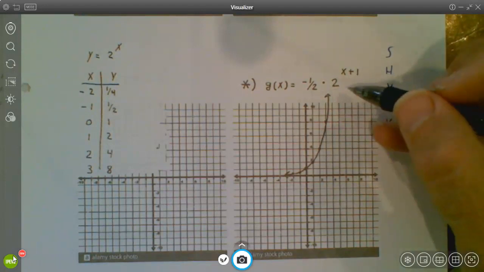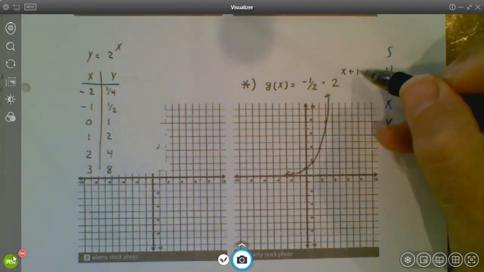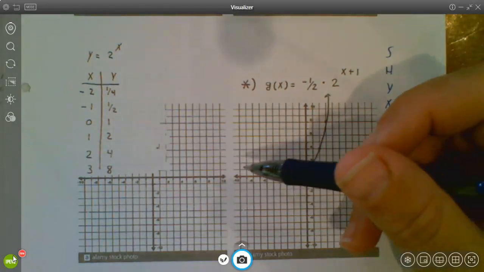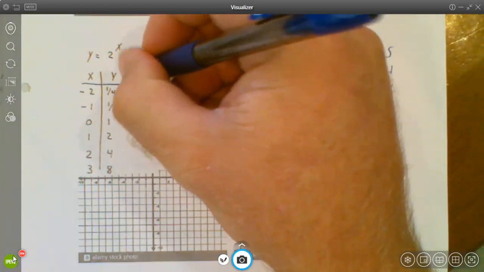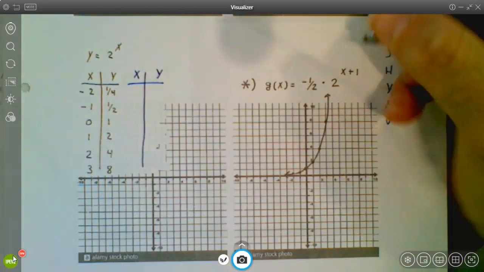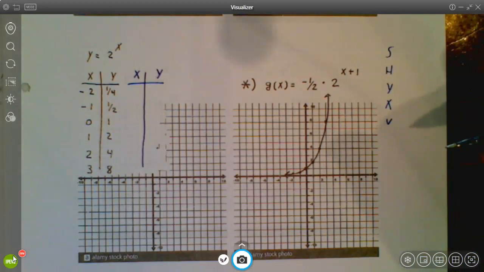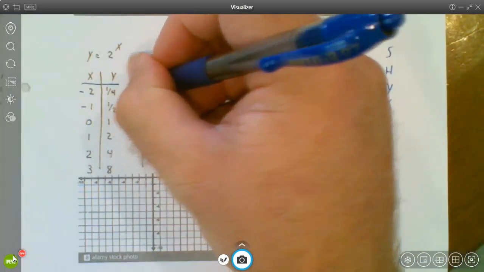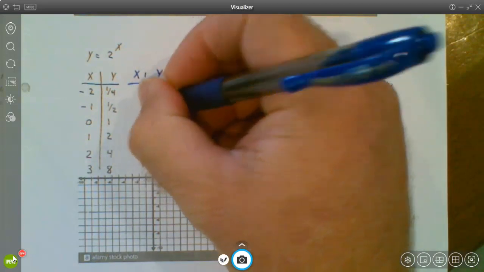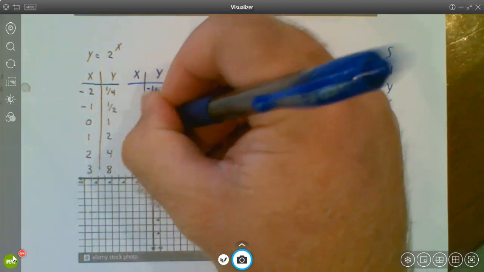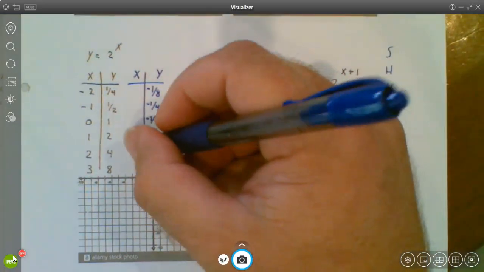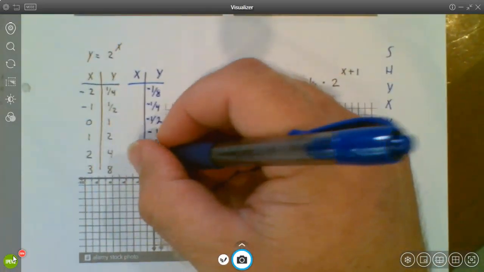Okay, and then we're also going to be subtracting 1 from our x's. So the numbers I'm looking at right here are just going to affect the y coordinates. I'm multiplying all of my y coordinates by negative 1/2. So I'm looking at numbers like negative 1/8, negative 1/4, negative 1/2, negative 1, negative 2, negative 4.